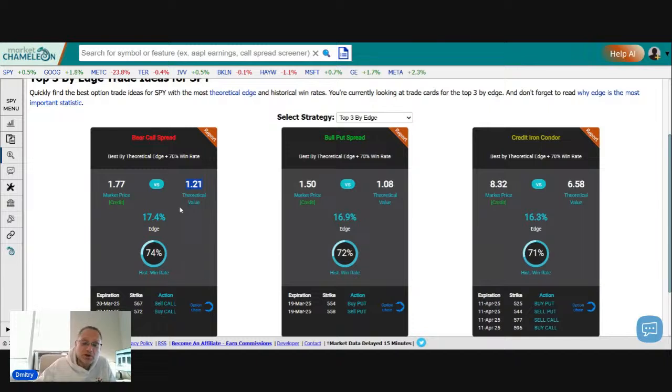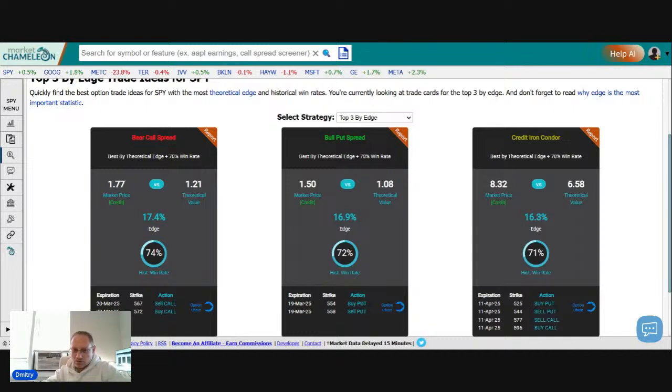Okay, so from a historical perspective, based on how the stock moves, the average value is $1.21. So since we're getting a credit, we're selling it above that historical benchmark by 17%, which in theoretical terms means we're getting a better price than the historical average price.